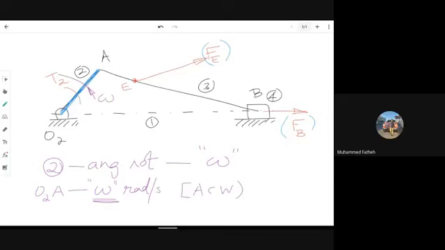Omega for link number 2 is assumed to be in the anti-clockwise direction. See, there is no mandation that you have to assume it in the anti-clockwise direction itself. You can assume it in the clockwise direction also, no issue. But for the time being, I am simply considering the angular velocity of link O2A to be in the anti-clockwise direction, and the value of that angular velocity is taken as omega radians per second.